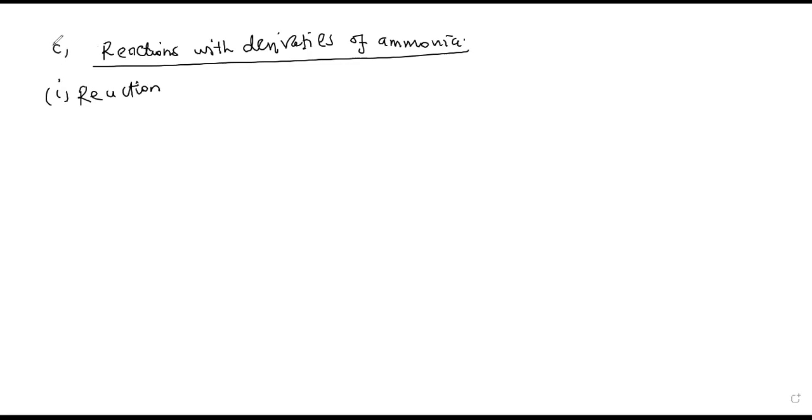This is reaction C. Reaction with hydroxylamine, and this is NH2OH, hydroxylamine.